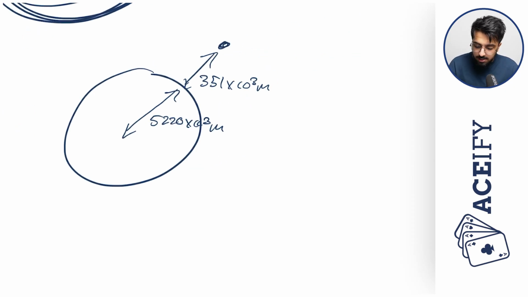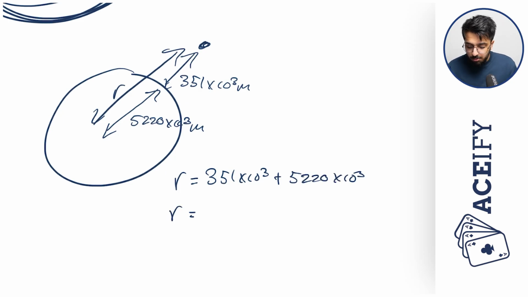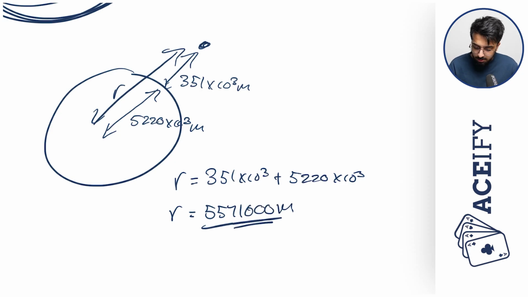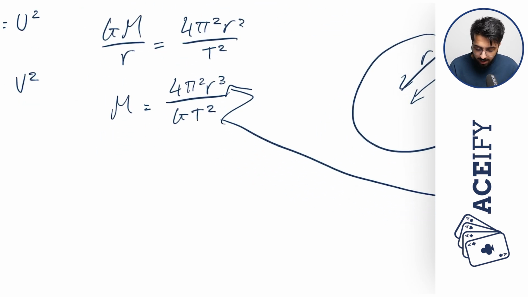And this whole thing is our r value. So therefore r is equal to 351 times 10 to the 3 plus 5220 times 10 to the 3, and this gives an r value of 5571000 meters.